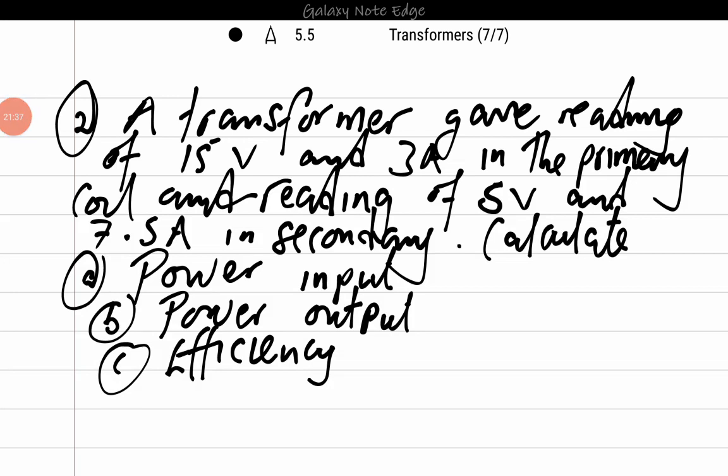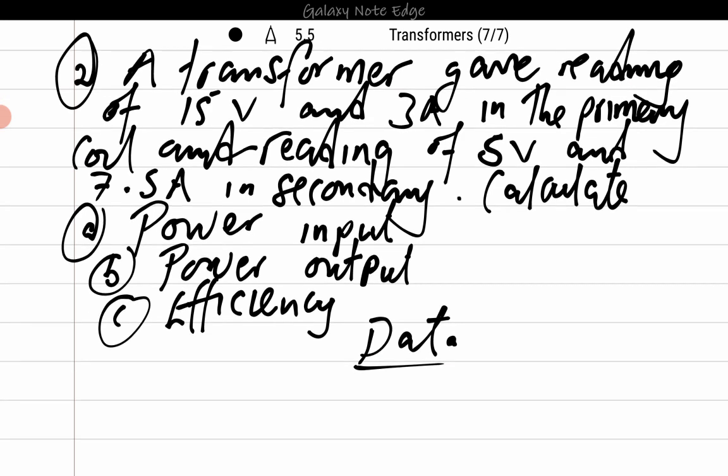Our second example is about efficiency. You can pause the video and read the question carefully. So we are told that a transformer gave a reading of 15 volts and 3 amps in the primary. So we have VP 15 volts and IP to be 3 amps.